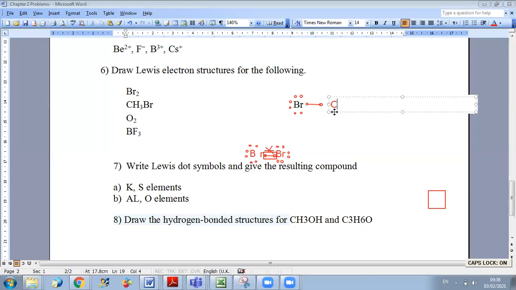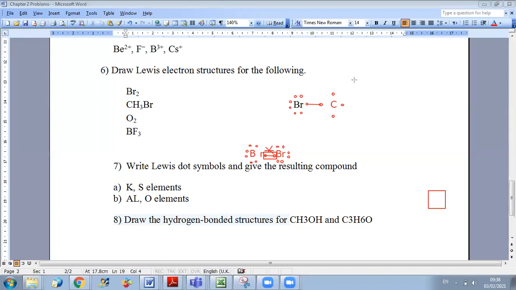So this is C. We know that C has 4 valence electrons, so it can share 4 electrons. The first one is already shared with Br, so it will still have 3 electrons to share. It will share them with H, okay.